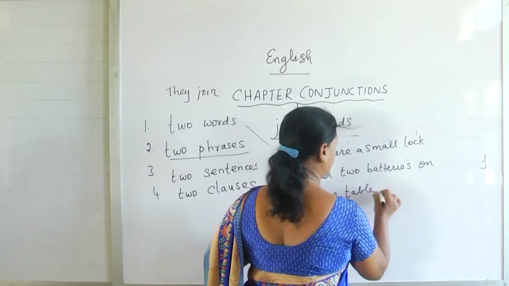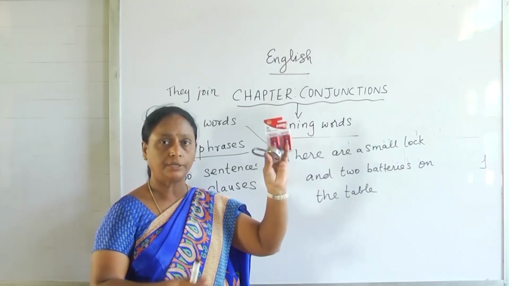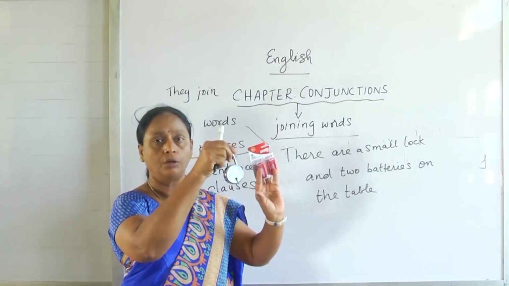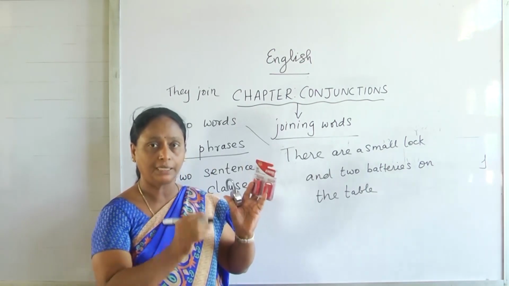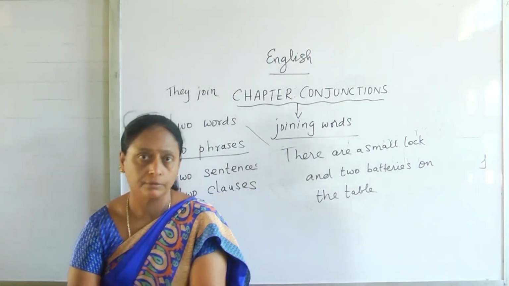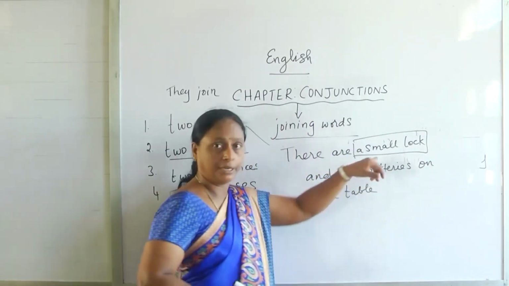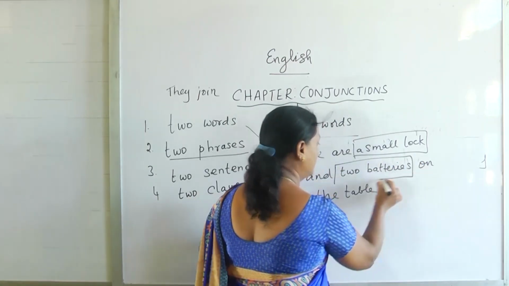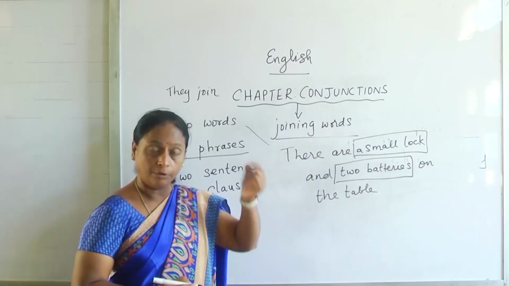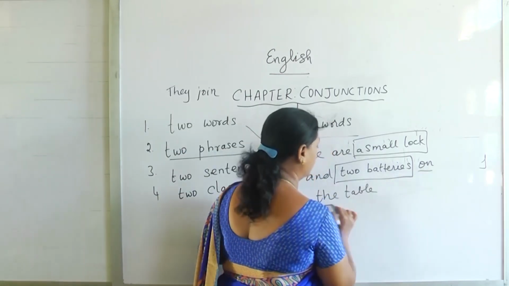Now you see, 2 phrases I will use here: 2 batteries and 1 small lock. Now I have mentioned them along with the connector. What is that? And. A small lock is one phrase. And 2 batteries is another phrase. And one more phrase I have used there: on the table.